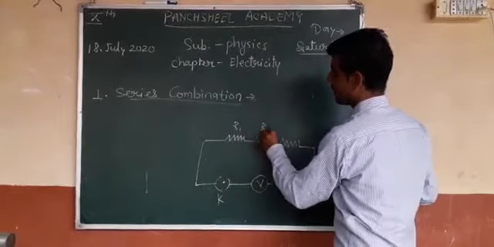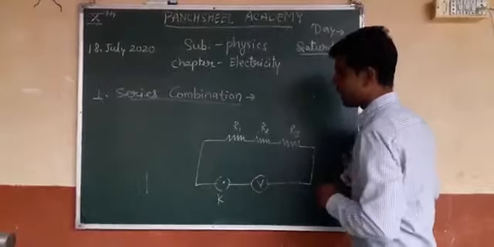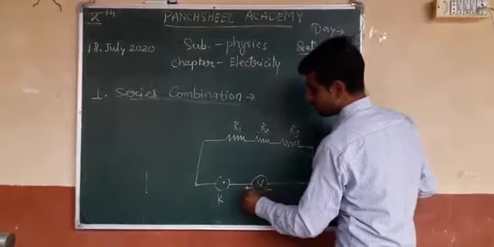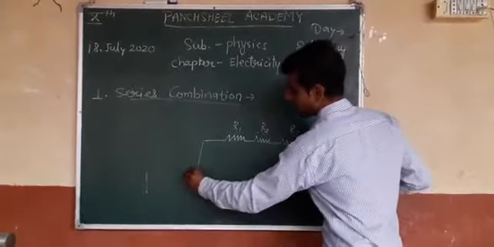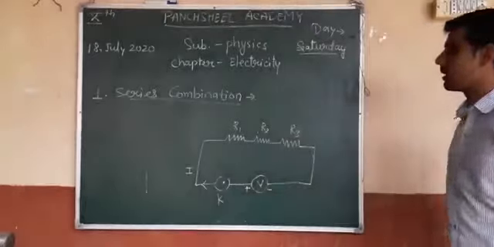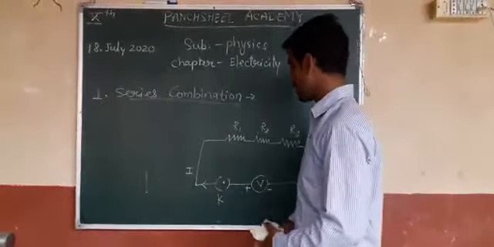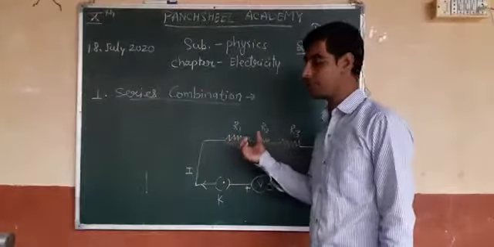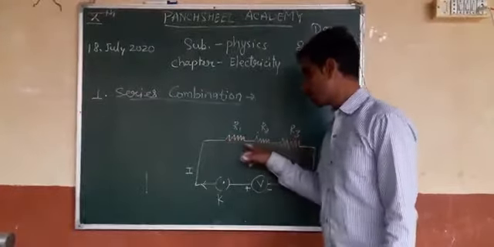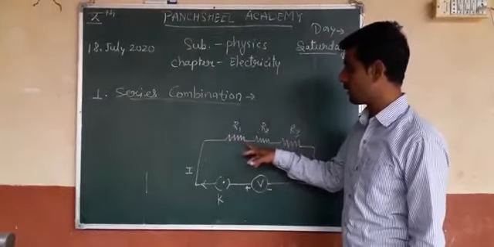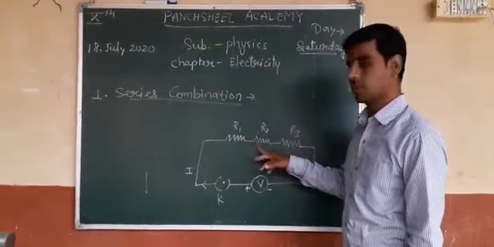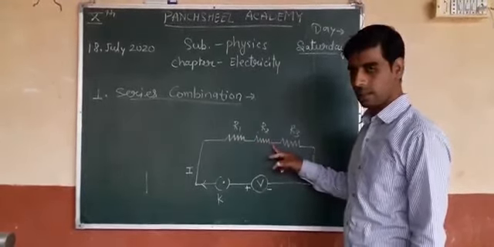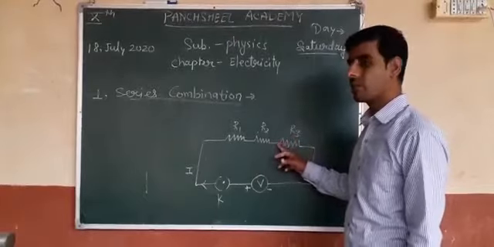R1, R2, and R3 are three resistances. This is the voltage, so current flows in this circuit. This is the series circuit. Why is this a series circuit? Because R1, R2, and R3 are connected in series: one terminal of this resistance is connected to the terminal of R2, and the other terminal of R2 is connected to the first terminal of R3.